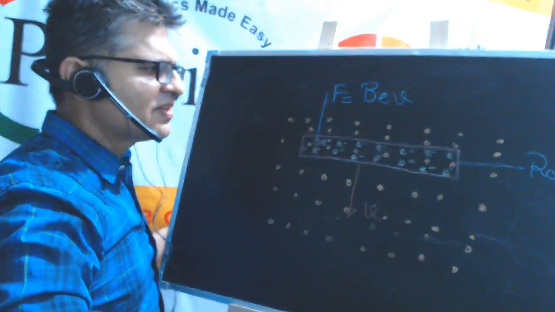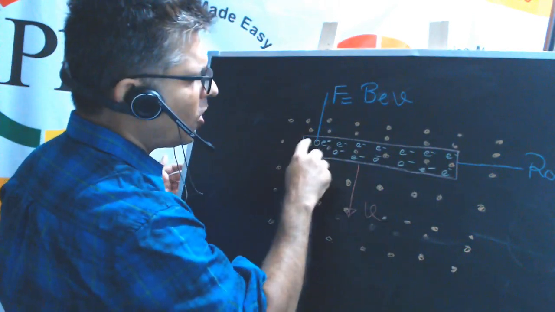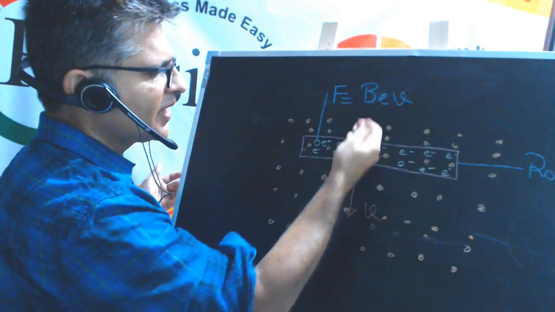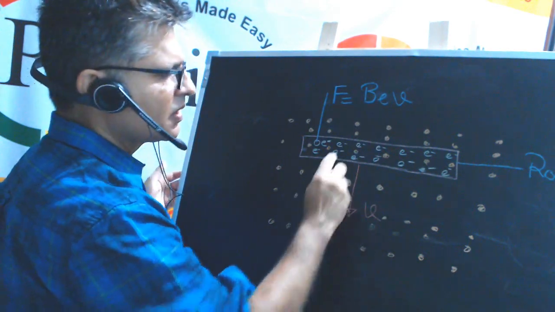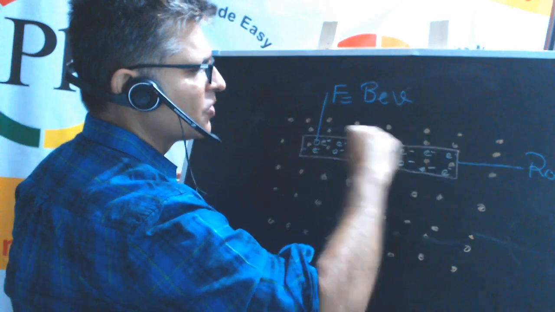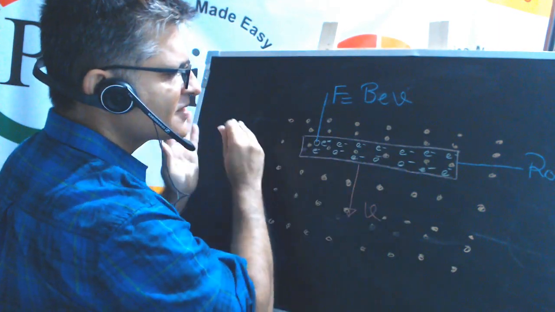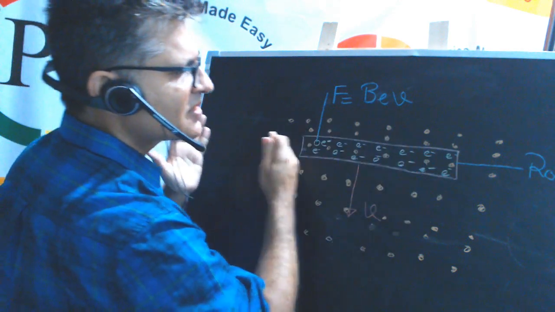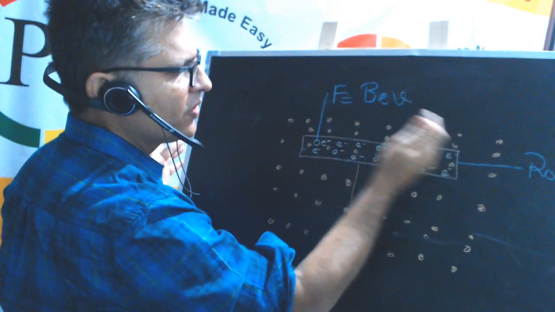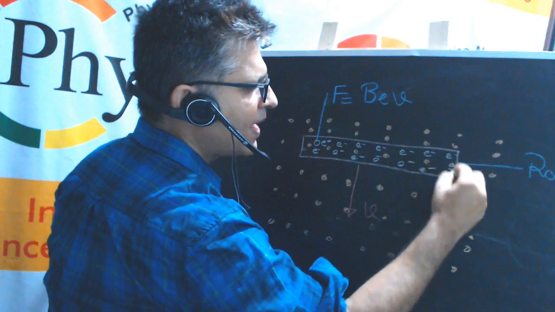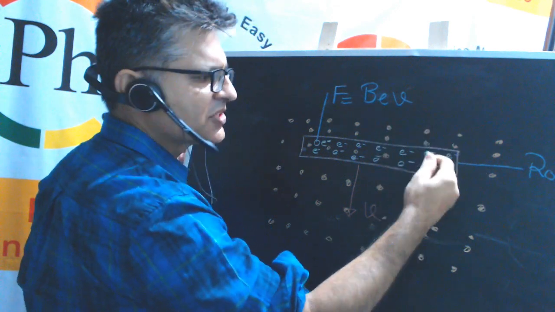So what happens in the final state is that all these electrons, which are moving in a magnetic field because they're inside a rod, experience this force and start moving towards the right and start getting accumulated on the right-hand side. So there is a tremendous collection of electrons.